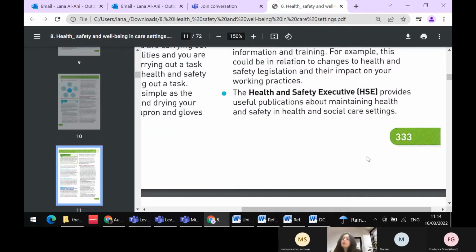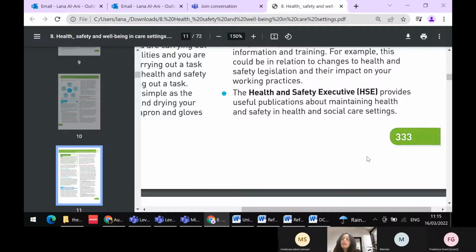Also, you can get information from the Health and Safety Executive. They can provide you with useful publications on maintaining health and safety in the care setting.